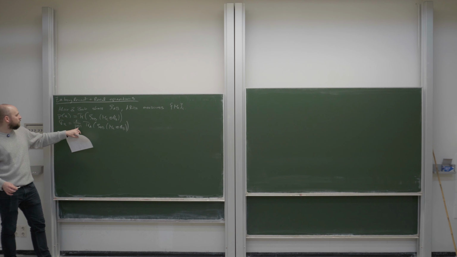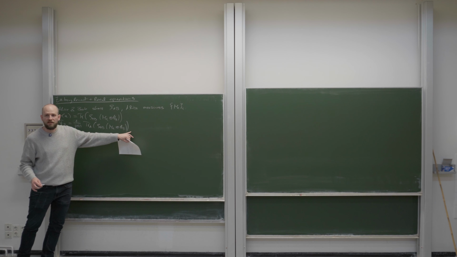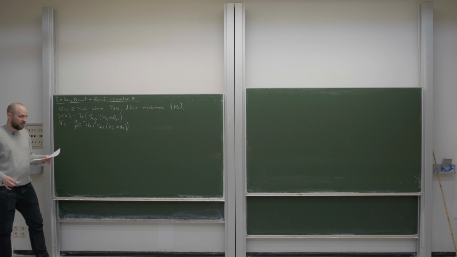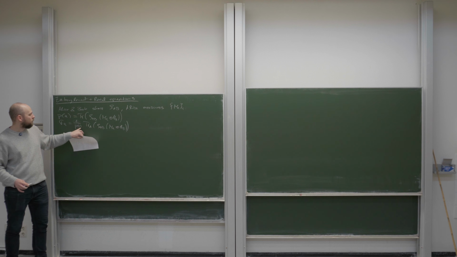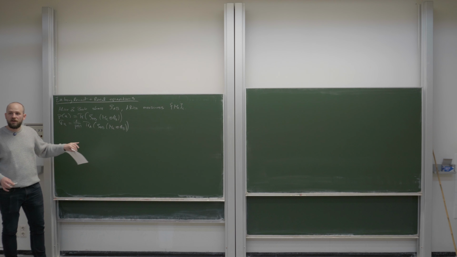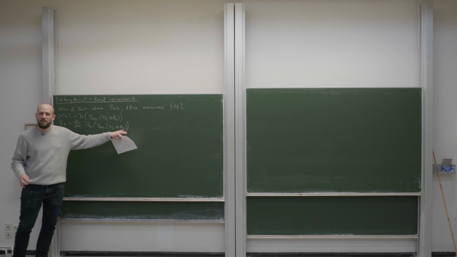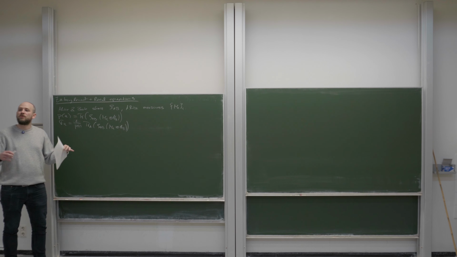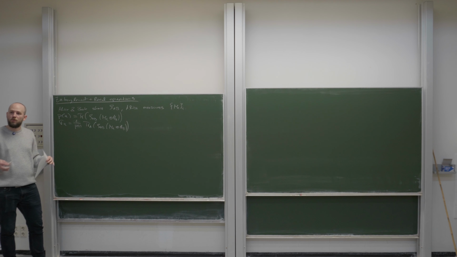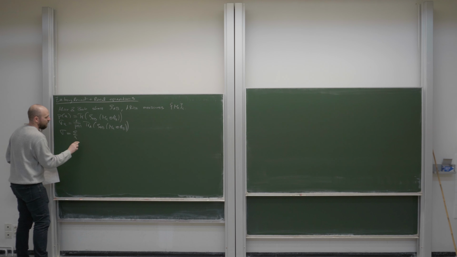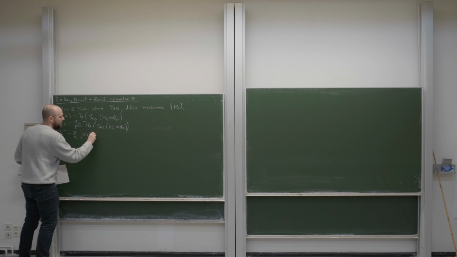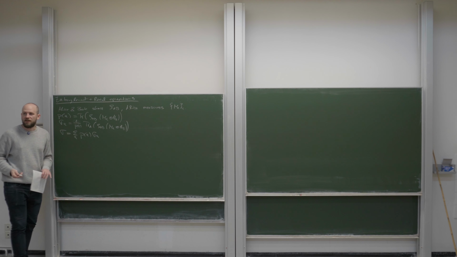But if we assume that Bob would somehow know this outcome, this is exactly the state that he would get. But the thing is that Bob does not know what the outcome is. So he does not know that he has this state. He can only say, what is the average state I have, or with what probability do I get what. So on average, Bob will have, with probability P_A, the state sigma_A.